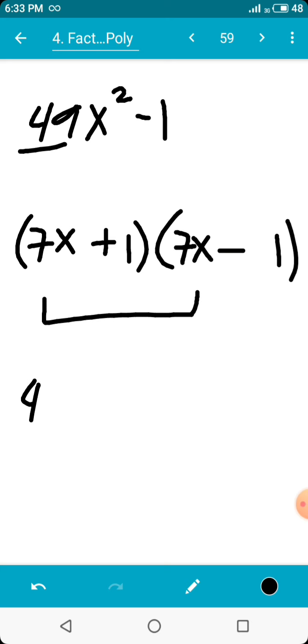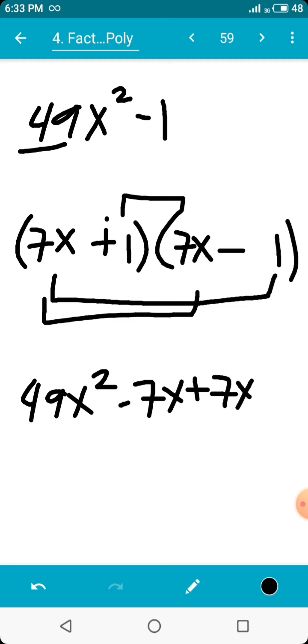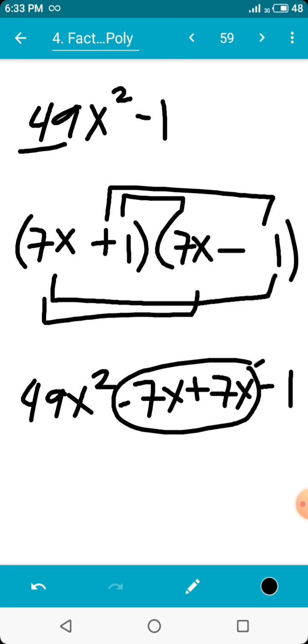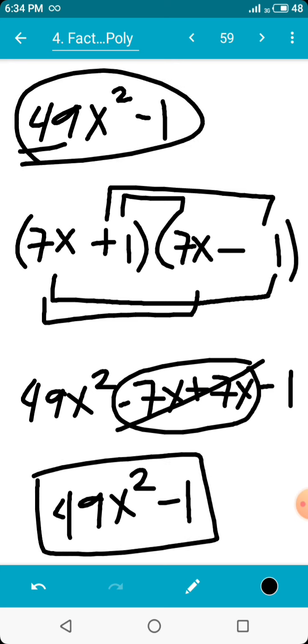So 49x squared, negative 7x, positive 7x, and then negative 1. Okay, so cancel this out kasi parehas naman silang positive and negative. So we have now 49x squared minus 1. So ito yung product at same sila ng ating binomial. So ibig sabihin, tama ang ating factors na 7x plus 1 at 7x minus 1.